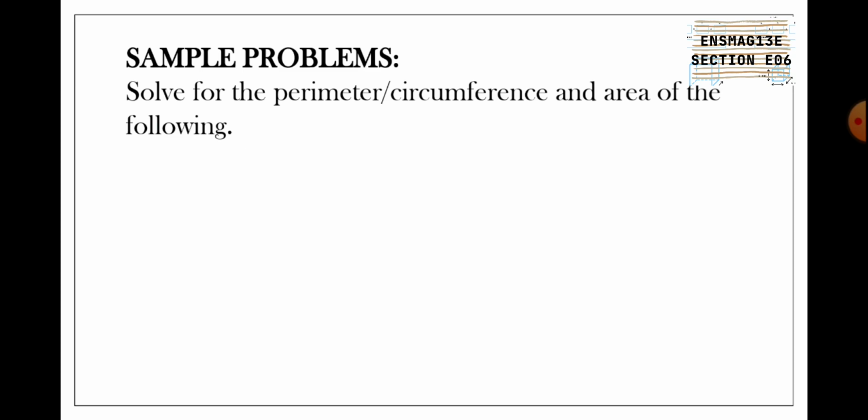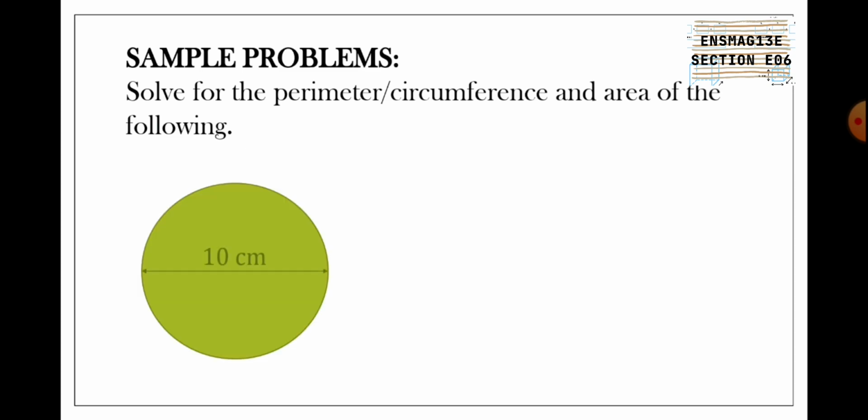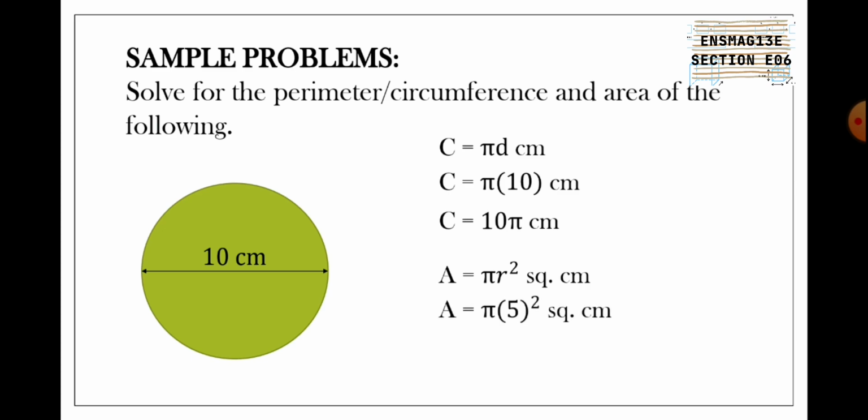Our next shape is a circle with diameter 10 cm. So to solve for its circumference, we may use the formula C is equal to pi d, giving us C is equal to pi times 10, giving us the value as 10 pi. For the value of its area, we can use the formula A is equal to pi r squared.